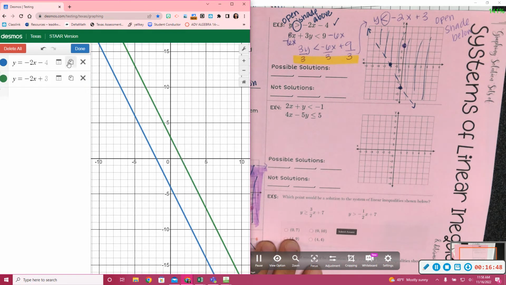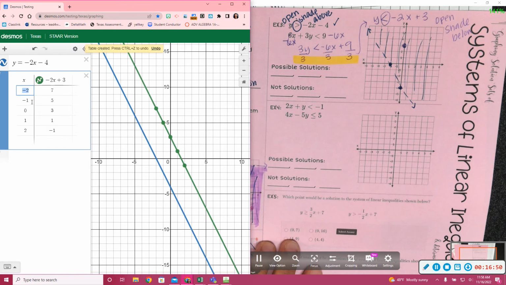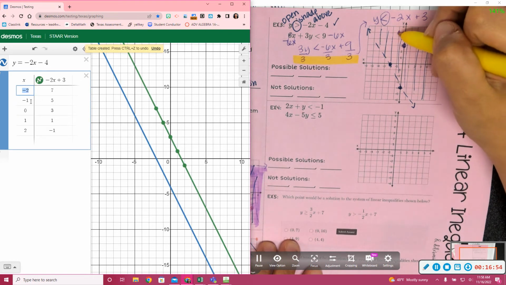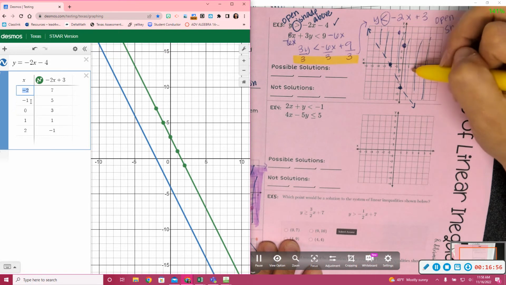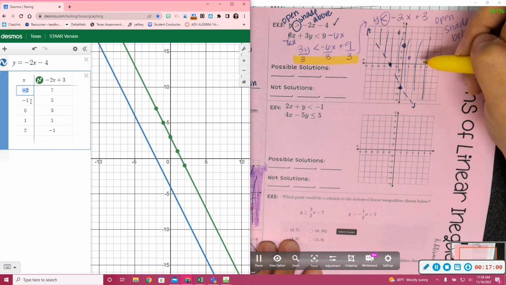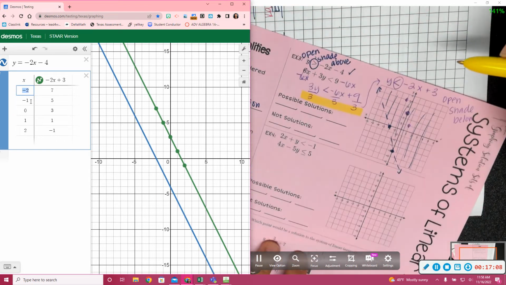If I go to settings and bring up the table, that'll give me another point. -1.5, 1.1, and so forth.